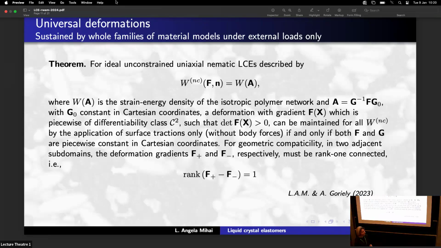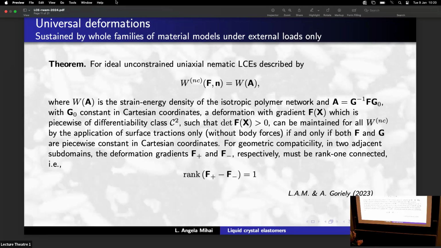So universal deformation in rubber, the theorem will just say that F is constant. If it was just rubber theory, you wouldn't have the G or the G0, practically F will be equal to A. And in that case, the theory says that the only deformations that can be maintained by application of traction forces without any body forces, so something that can be reproduced in the lab, are those for which the deformation gradient is constant, the so-called homogeneous deformation.